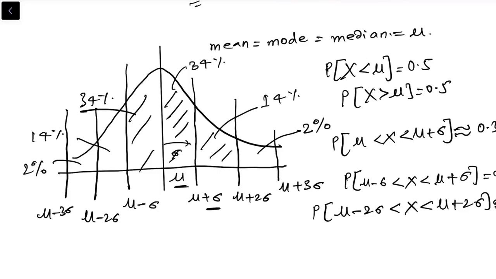Now let's see what happens to the graph when we change mean by keeping the variance constant. So different mean but same variance.